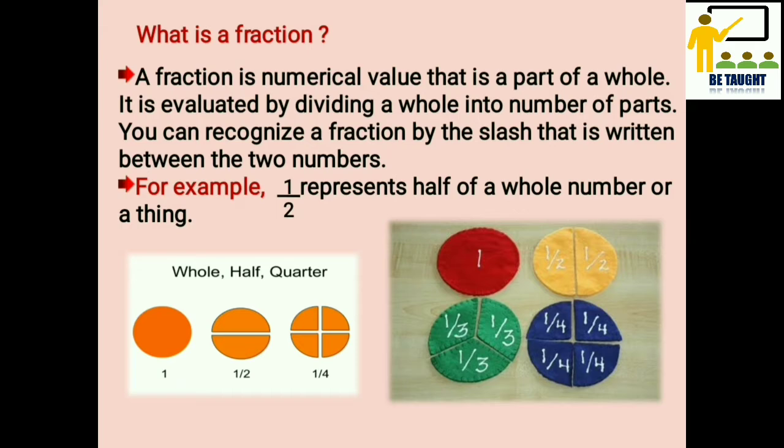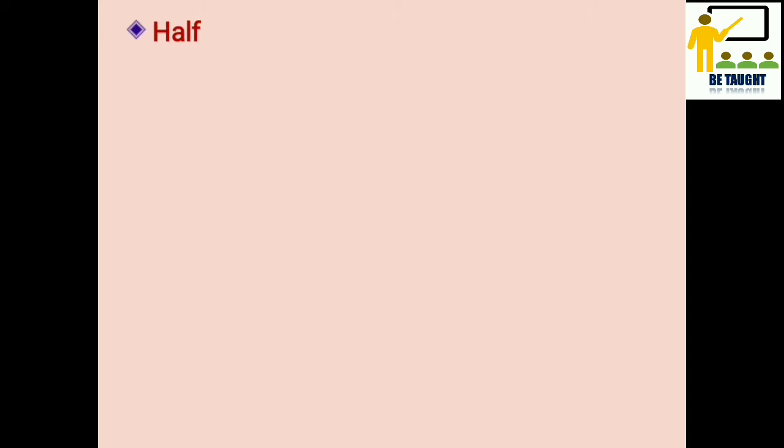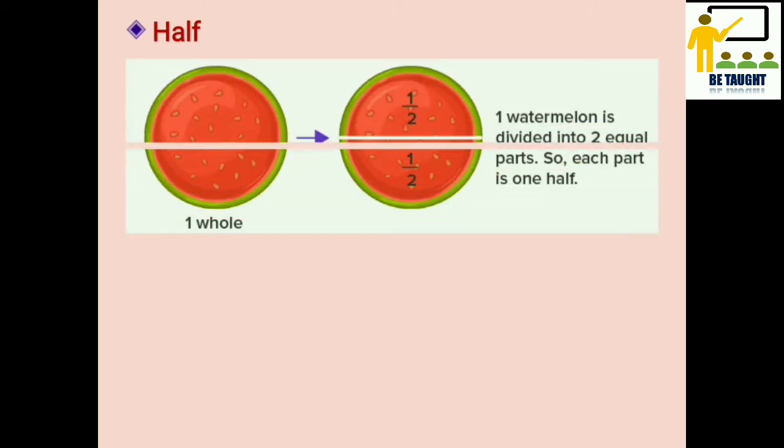Now we shall learn how to read and write fractions. Half. For example, a whole watermelon is given to us. We have to divide it into two equal parts. So each part is 1/2.